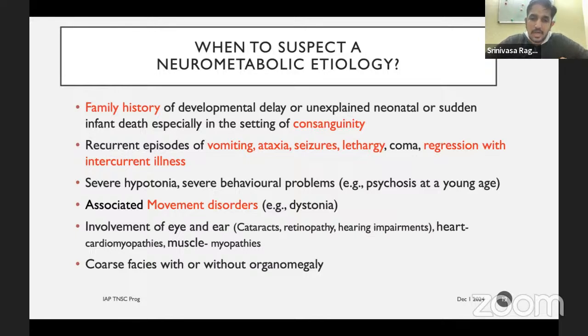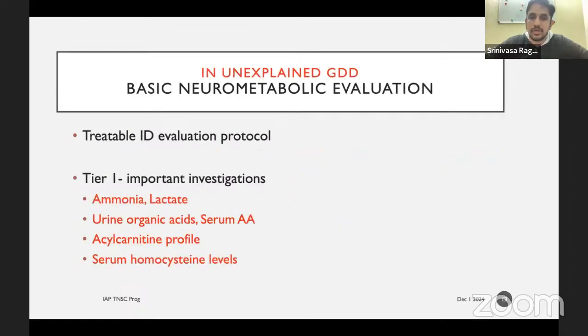If the child has severe hypotonia, unexplained severe behavior problems like psychosis-like features at a young age, associated unexplained movement disorders like dyskinetic movements, involvement of eye, ear, and muscle, multiple organ involvement, cardiac involvement like cardiomyopathy, or associated liver enzyme elevation, all these should make us suspect a neurometabolic etiology. And obviously, when the child has coarse facies with organomegaly, you should suspect a lysosomal storage disorder.